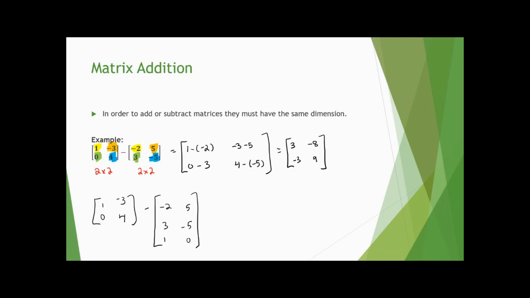If you have something like this in the bottom where there's an extra row, you don't have anything to match that row with, because you need to have everything matched. So this last row doesn't have anything in the other matrix to match it up with, so you can't do that subtraction. So you have to make sure that everything has something that you can subtract.